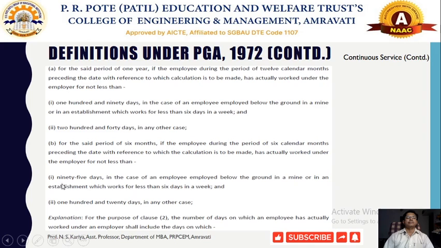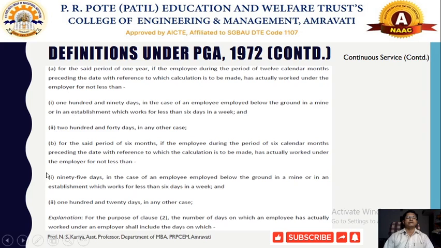So in case of mines, there will be 95 days, and in case of other industries a minimum of 120 days of working would be required to say that the employee is in continuous service. The explanation of these provisions is for the purpose of clause 2.